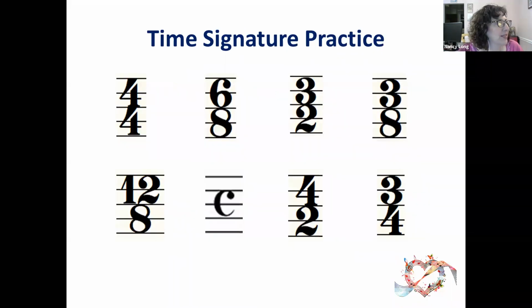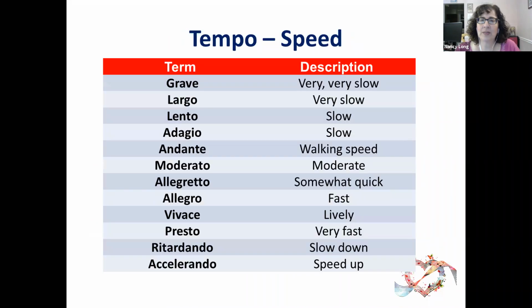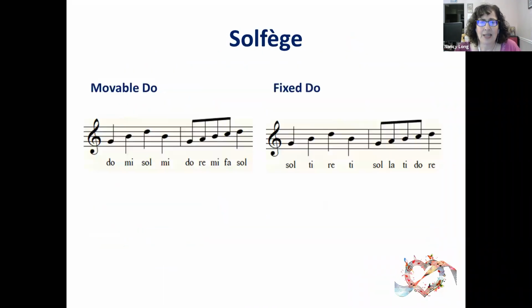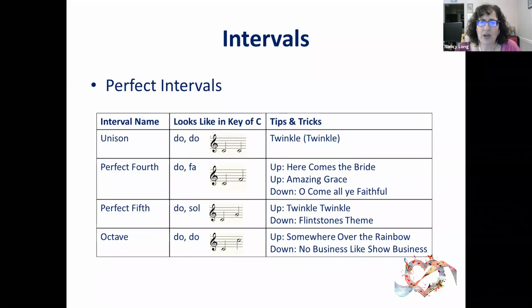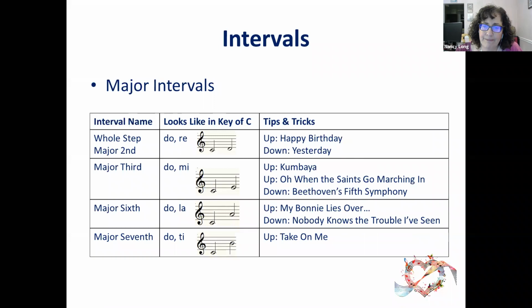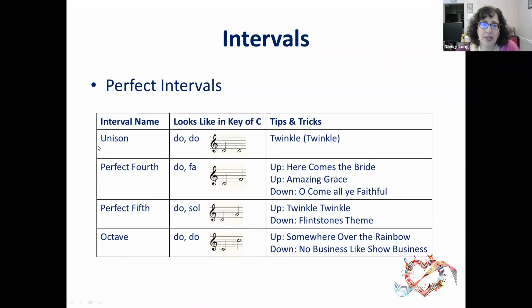Okay, and moving forward, we have a little bit of time. We talked about the rhythm, the tempo, the dynamics, the articulation, a little bit about solfege. We talked about a lot of intervals, and you know what, true confessions here. After 40 some years of knowing that a perfect fourth is Here Comes the Bride, if I'm looking at a perfect fourth, I still think Here Comes the Bride, and it helps.